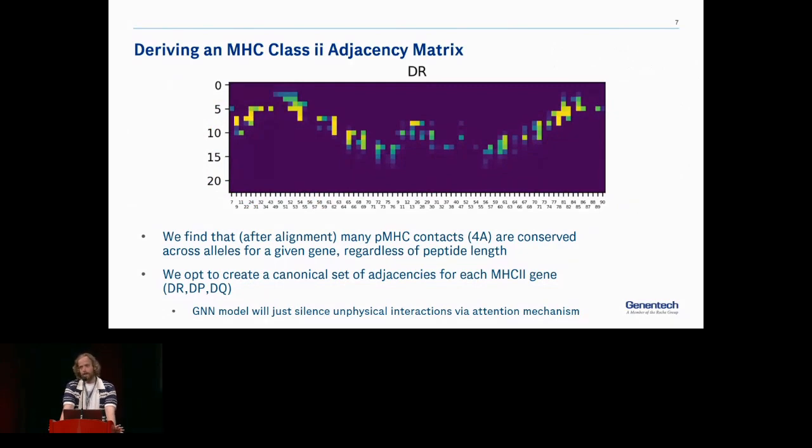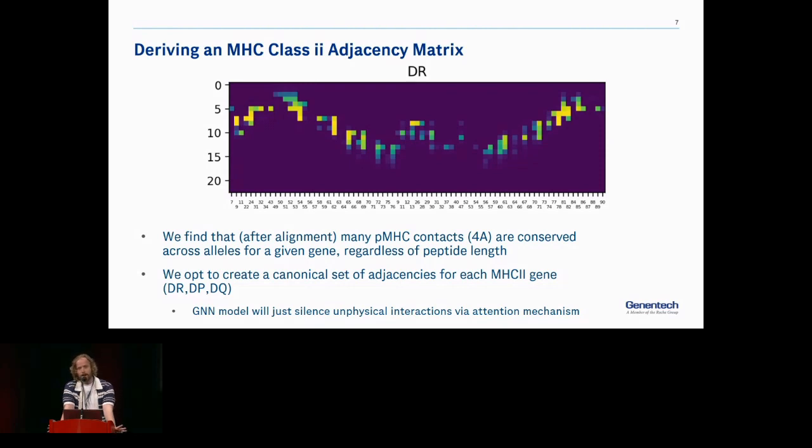And so you get a lot of structures over the alleles in a given gene, and you align the binding cores to get an aligned adjacency matrix like is shown here. And you see that there's a lot of common conserved adjacencies even over different alleles. And so just choosing the common adjacencies leads to this canonical adjacency matrix.